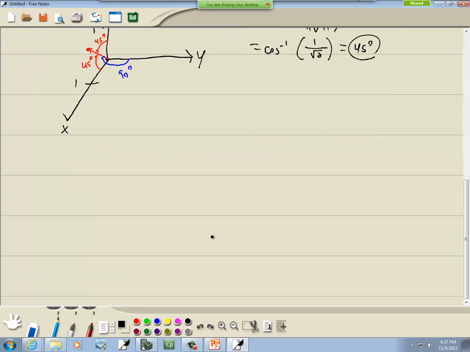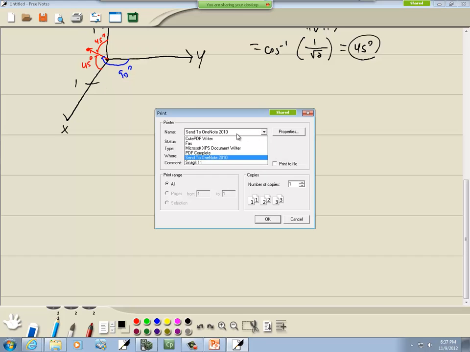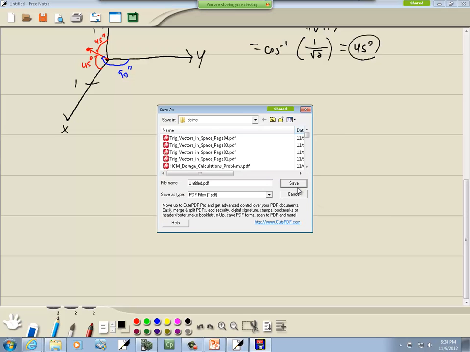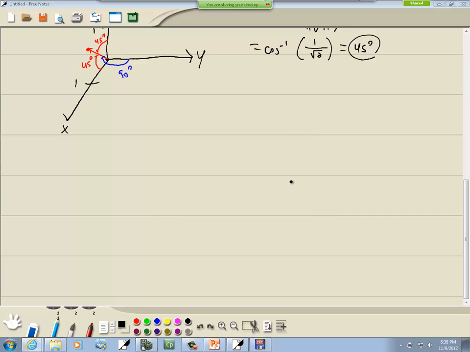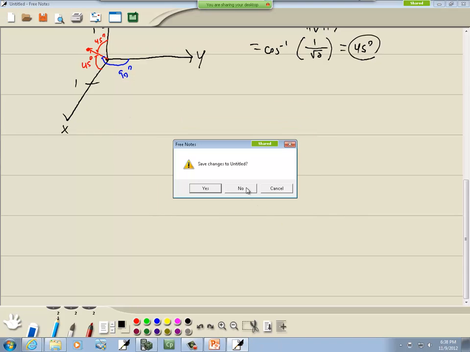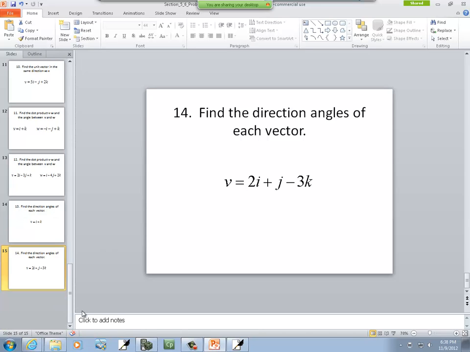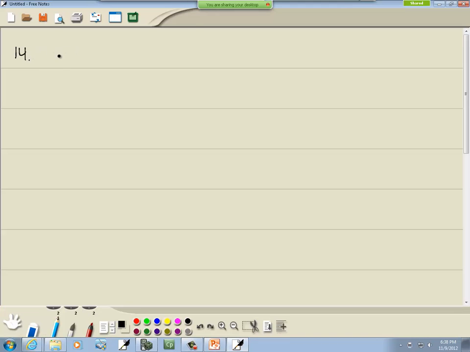I think I made the numbers up, so let me save that and start a new page. Okay, so let's look at this one. We've got v is equal to 2i plus j minus 3k.